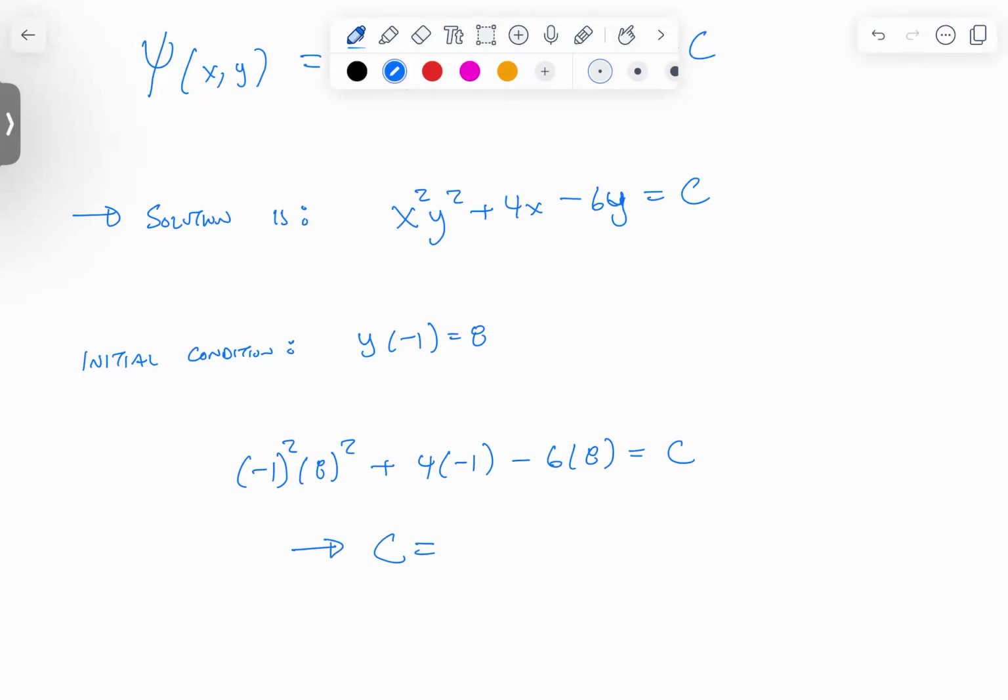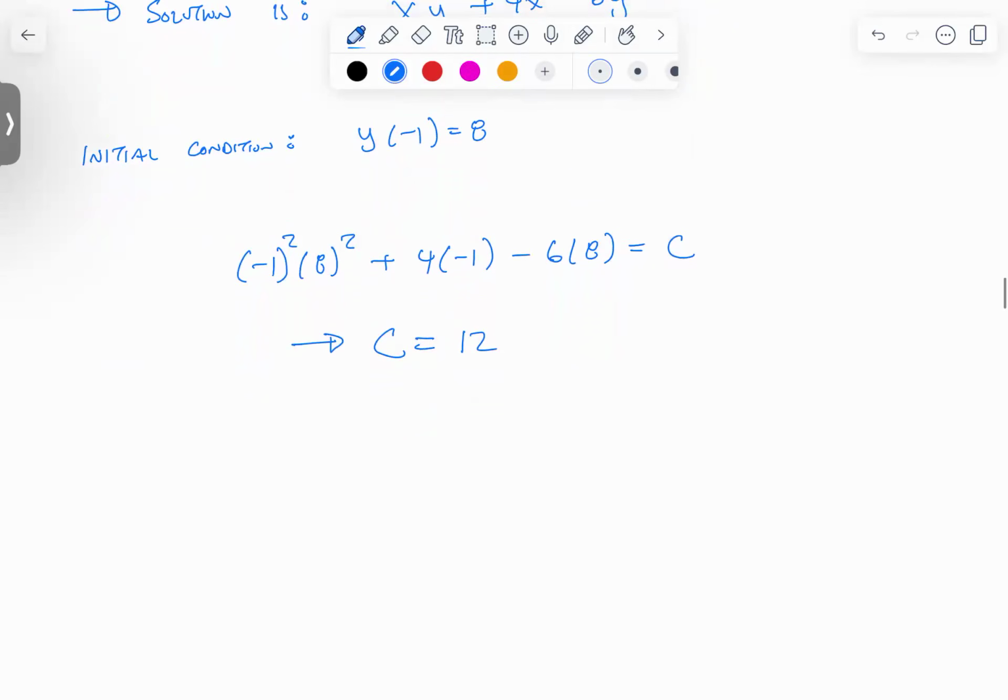All right, plug in our initial condition to find our value c. That gives us our solution equals this.